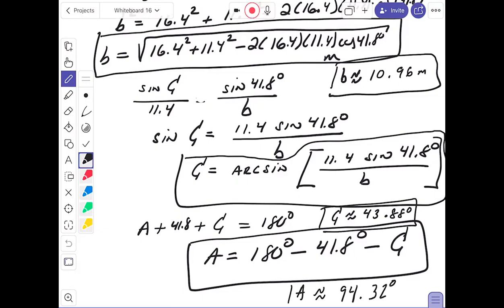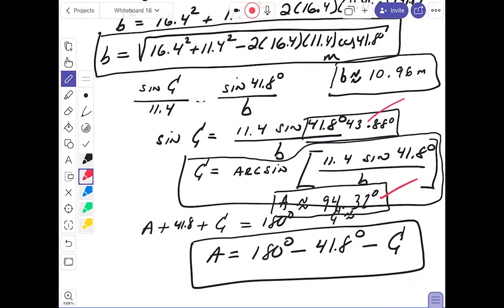By the way, I realize it's frustrating. A lot of times students get errors and I get errors, so I get frustrated. Got to do it again. I've got to keep doing it until I get it right. Let's take a look at the answer again, see if we got it right. They say A is 94.32 degrees. I got that right. They say C is 43.88 degrees. I got that right. They said B is 10.96 meters. I got that right. Let's go to number 10.